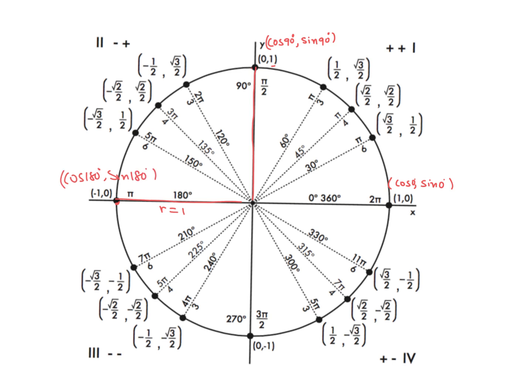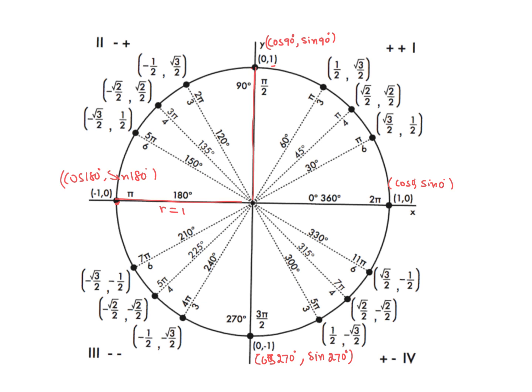For 270 or 3 pi over 2, x is 0, y is -1. So cosine 270 comma sine 270 is 0 comma -1.